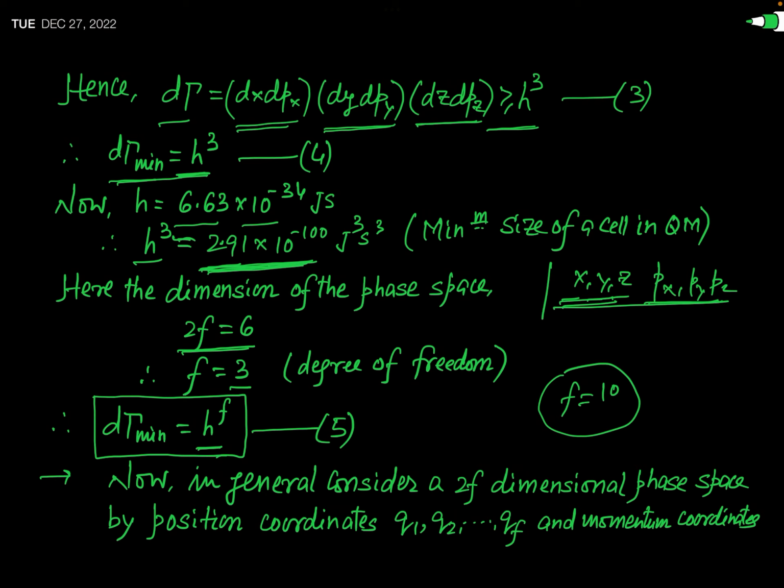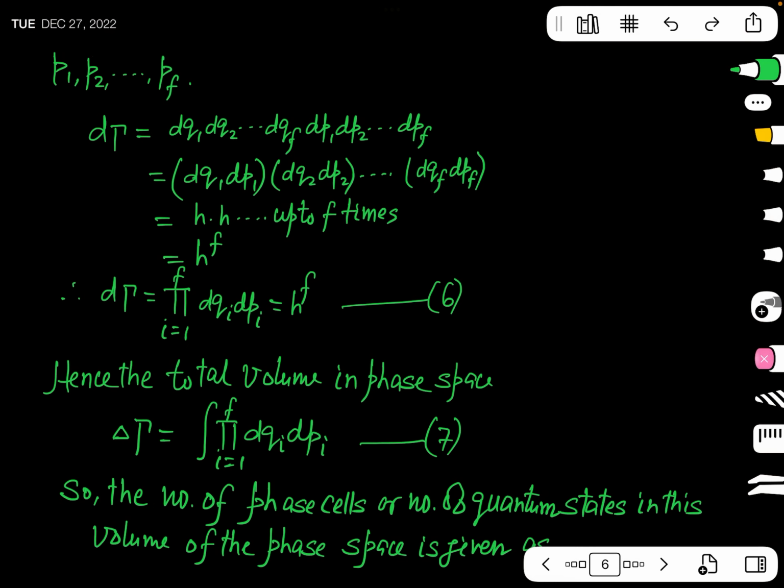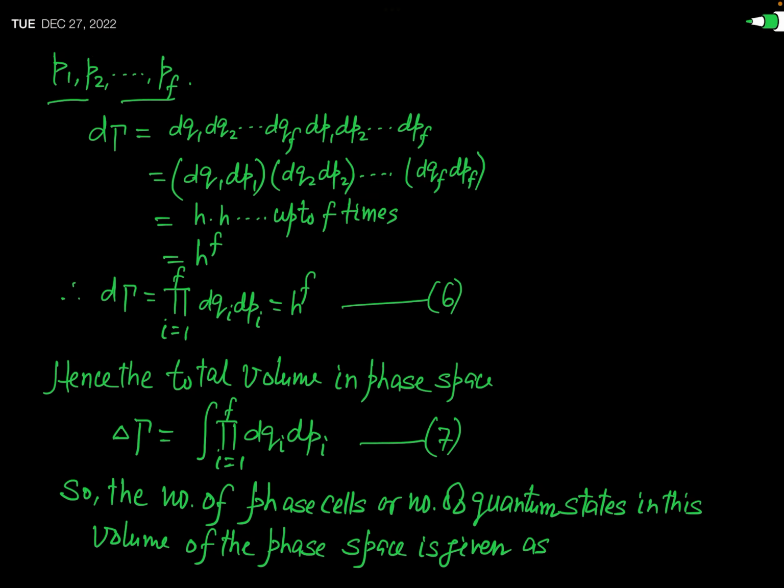The position coordinates are q1, q2, and so on, up to qf, so their number is f. Similarly, we need momentum coordinates, whose number is also f: p1, p2, and so on, up to pf.